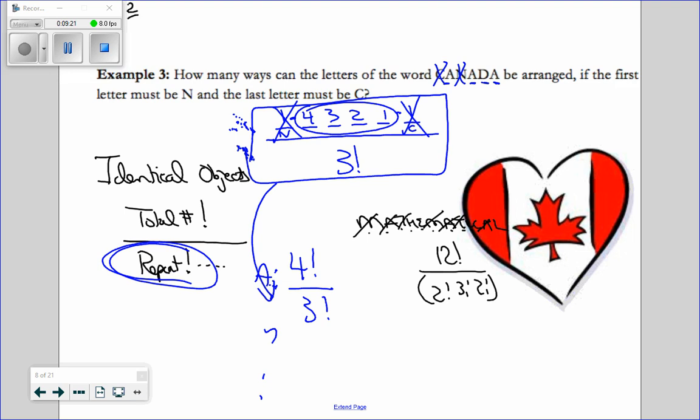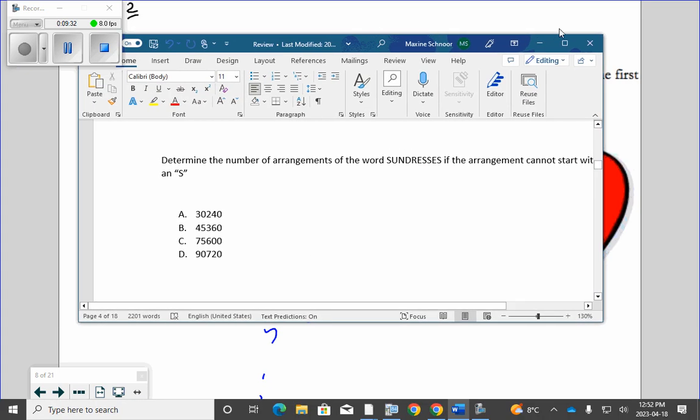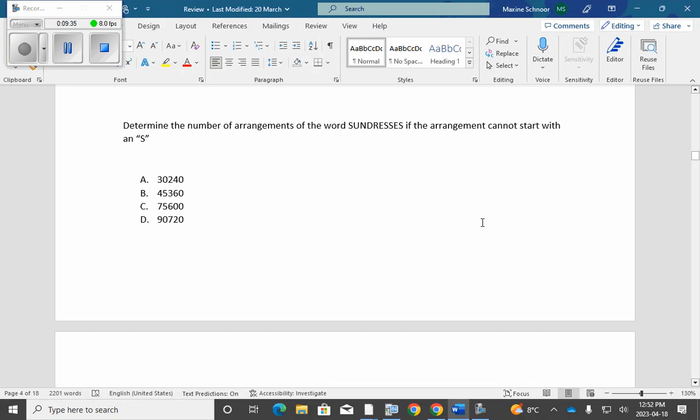Okay, underneath this question, there's one more I want you to do. Sorry, I forgot to photocopy it. Okay, so here she is. So it says, determine the number of arrangements of the word sundresses if the arrangement cannot start with an S. I'm just going to hide it here for half a second.